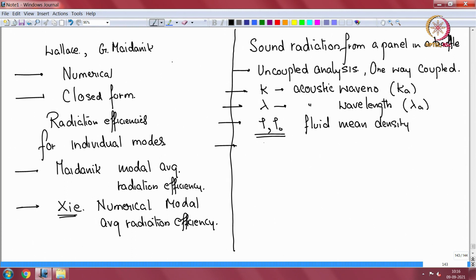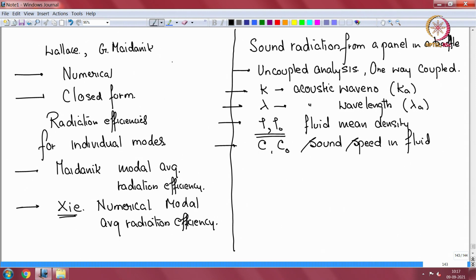And similarly, I use C or sometimes C0 for sound speed or sonic speed in the fluid. Okay, this is common.